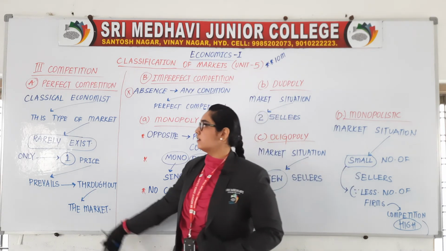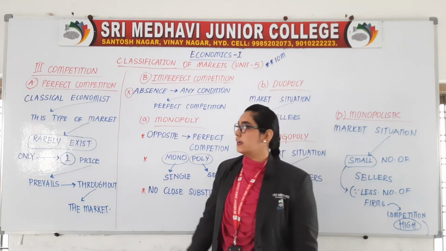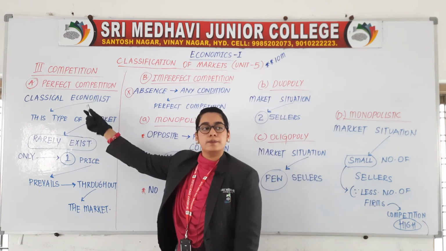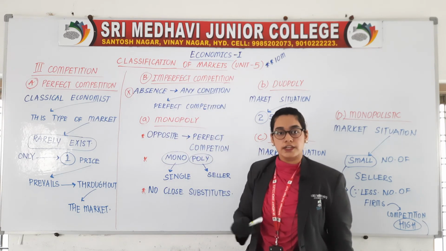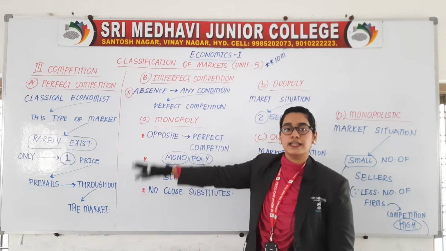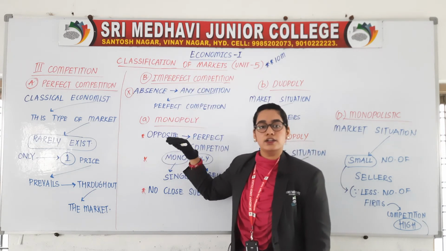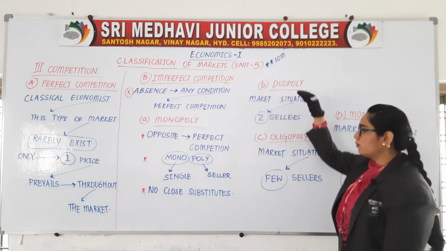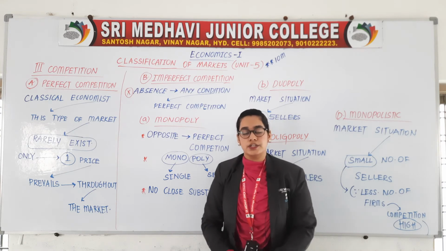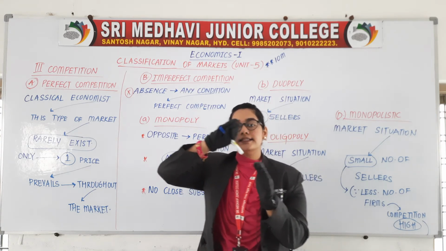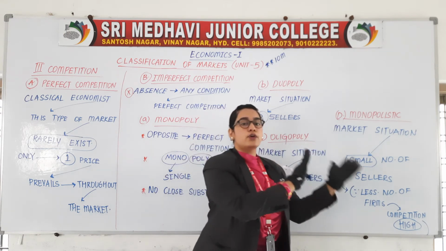The last and final one is based upon competition. Markets are classified into 2 types, that is perfect competition and imperfect competition. Imperfect is further divided into monopoly, duopoly, oligopoly and monopolistic competition. So in short, it is perfect, imperfect, and imperfect again into 4 more parts.